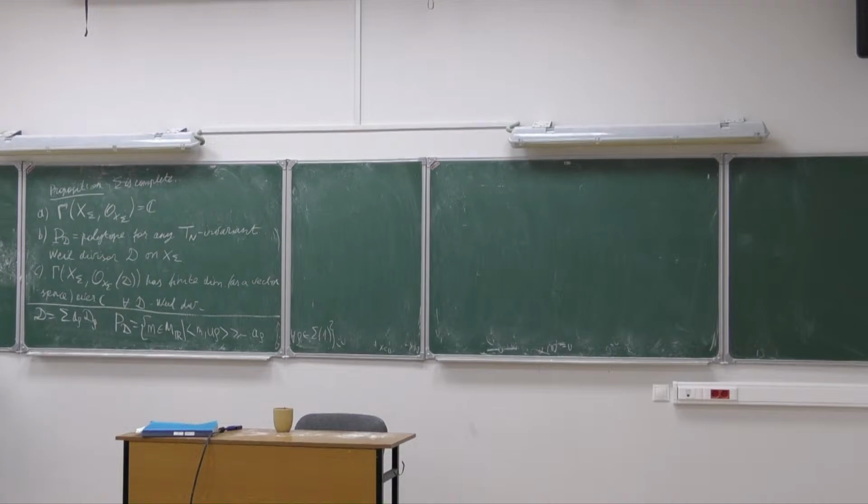So this is in fact the only thing which we need to prove here, that this is bounded. If we prove that this is bounded, then the global sections are in fact labeled by the lattice points of M which are in the polytope, and this number will be finite.